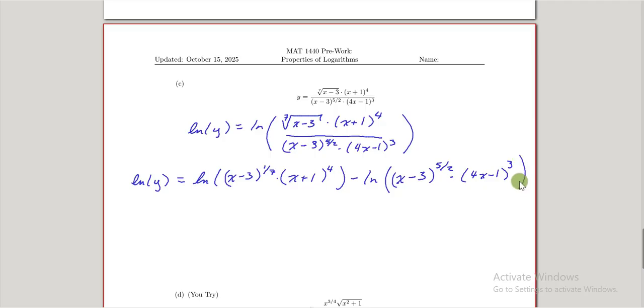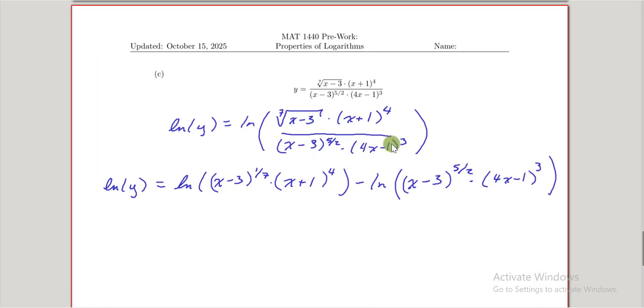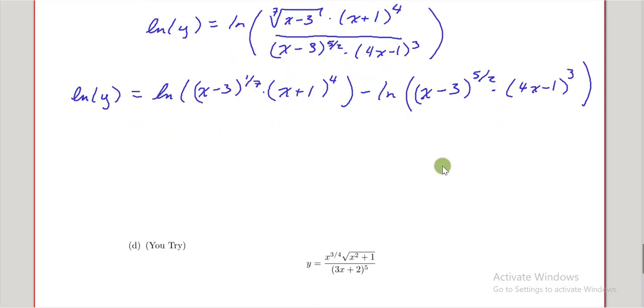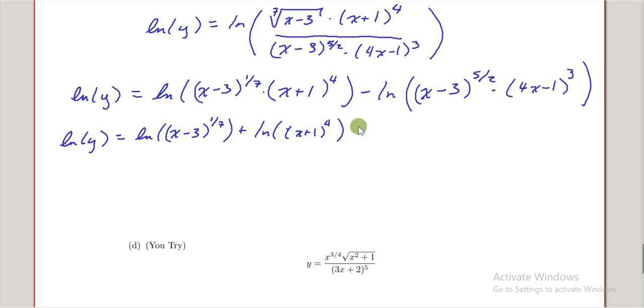And this is pretty long. This is pretty messy. Like we're seeing how we have to just work with larger expressions as we go further in math. That's okay. Let's give it a shot. Inside of this expression, I've got now a product that we can separate by addition. So we get the natural log of x minus 3 to the 1/7 power plus the natural log of x plus 1 to the 4th power.